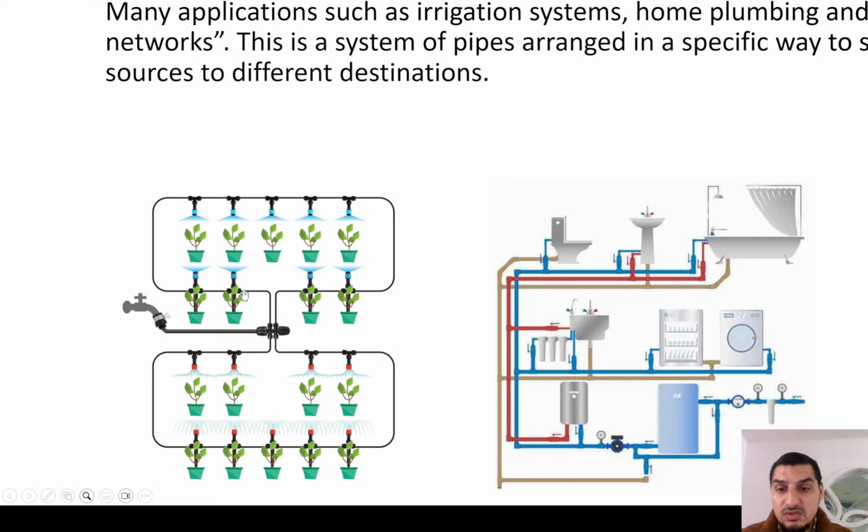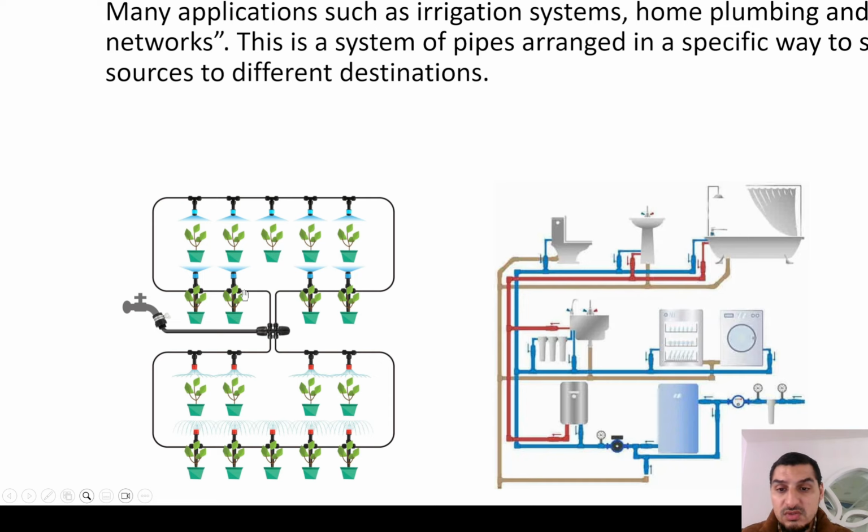The third example, of course, there are many examples, I'm just giving a few to clarify the point. In chemical plants, you will find networks of pipes. It has a branch here, a branch there, and it's distributing the flow to different parts, and it's very complicated.